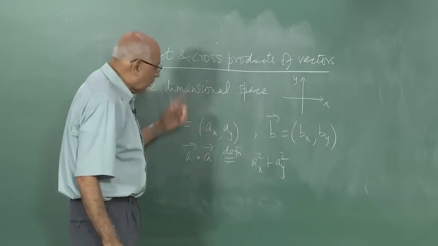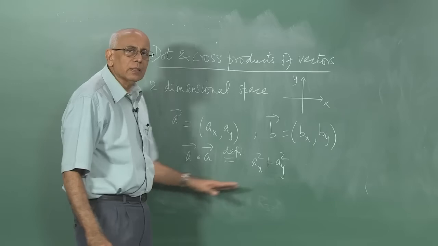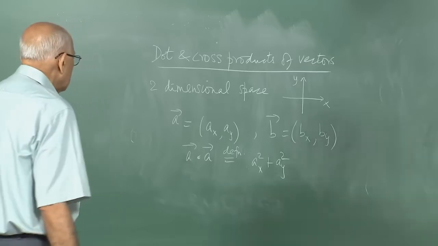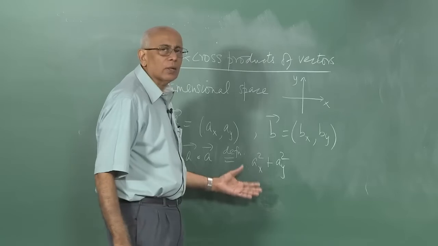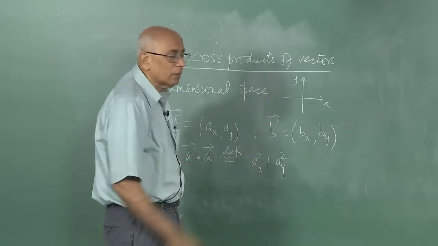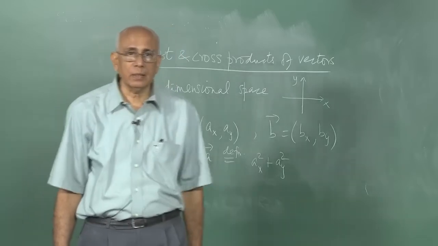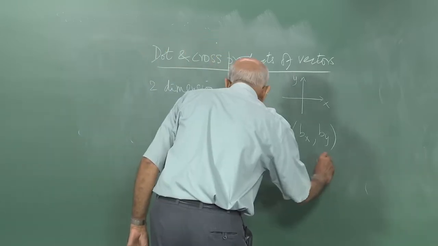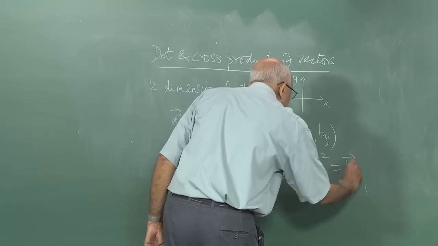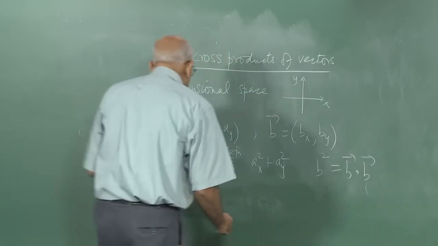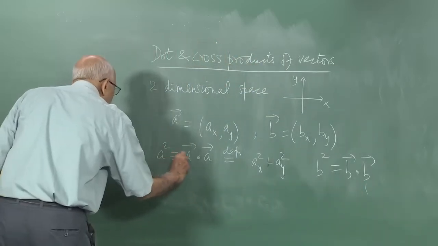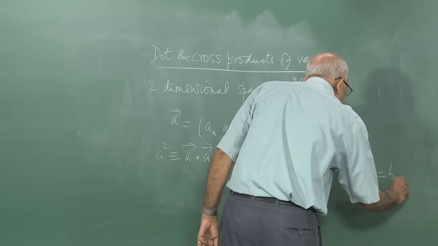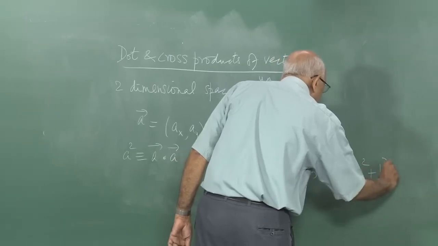So you take this, square it, you take this, square it, and this is, if you like, the square of the magnitude of this vector A, and that is a scalar. We have seen that already, that is a scalar explicitly from the fact that x and y had those trigonometric transformations. Okay. Similarly for B, we have B squared equal to B dot B, and it is conventional to write this as A squared equal to this without a vector symbol, and this is b_x squared plus b_y squared.